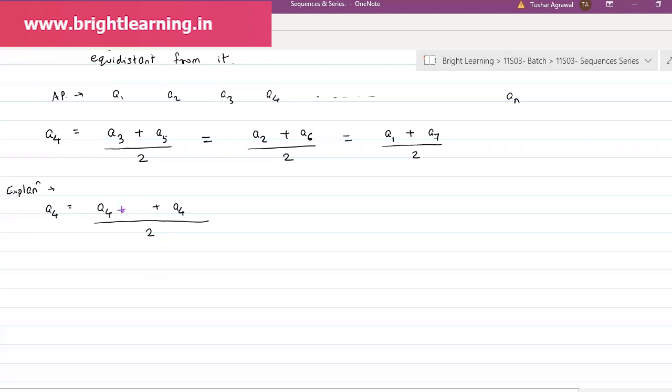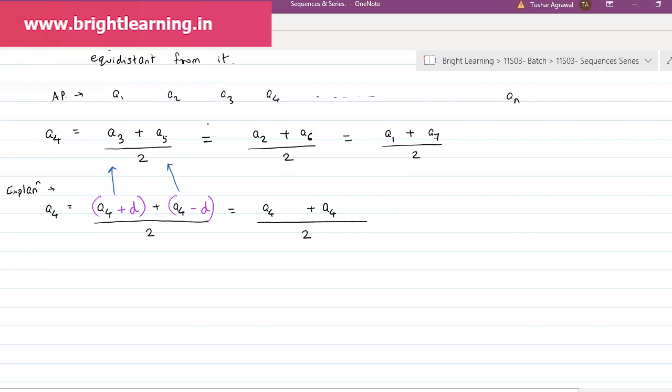In the numerator, I add a D and I subtract D. Did I do anything wrong? No. So A4 plus D, and here A4 minus D. A4 plus D is my next term, and A4 minus D is the previous term. Similarly, I could have also written A4 as A4 plus A4 upon 2.